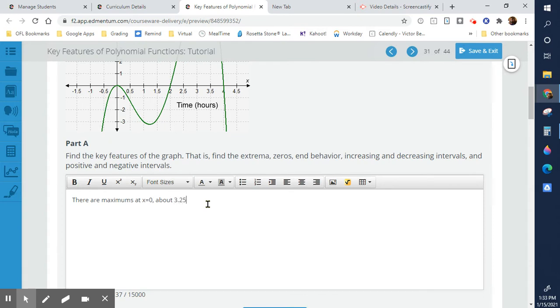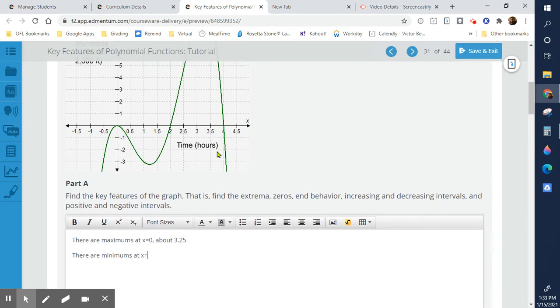We're approximating it. There are minimums at, I'm just going to do the x values again, at x equals about 1.25.